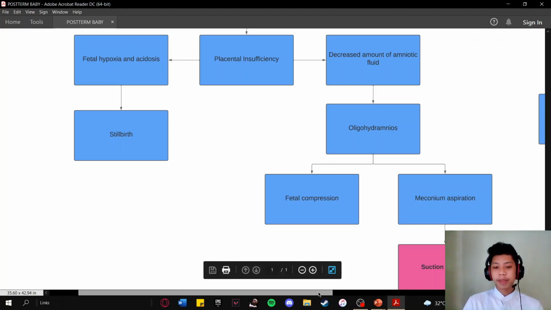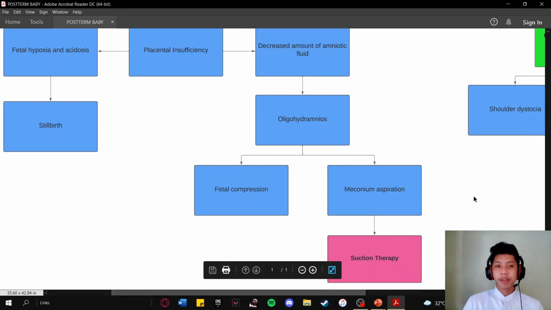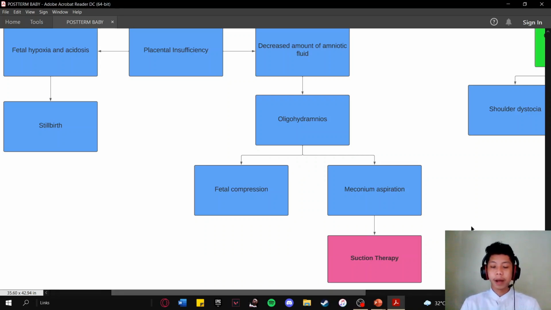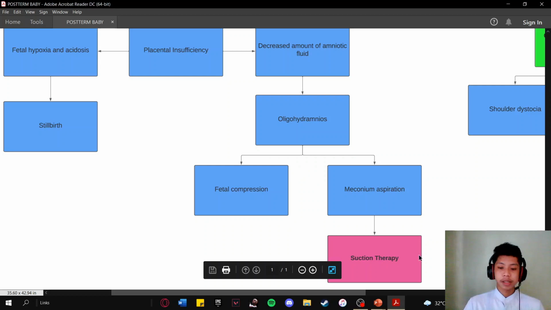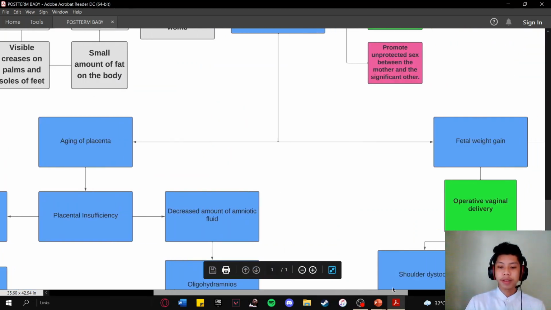Okay, so another pathway is meconium aspiration, as mentioned by my groupmate also in our introduction. So aspiration of meconium can occur. So what nurses can do is suction therapy, or suctioning the airway of the baby to help the baby breathe properly.